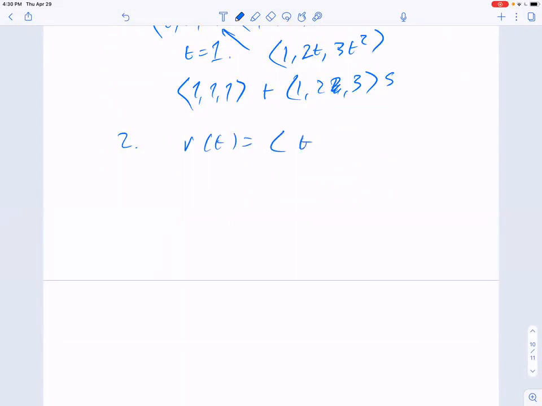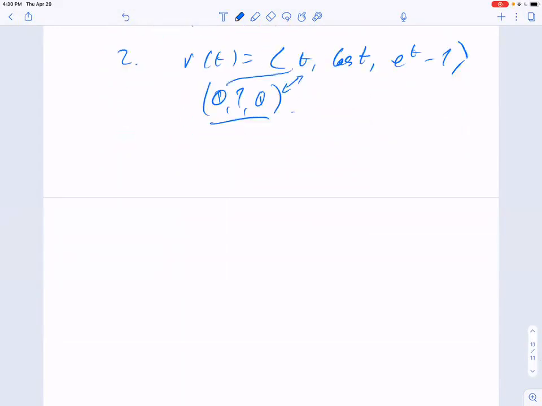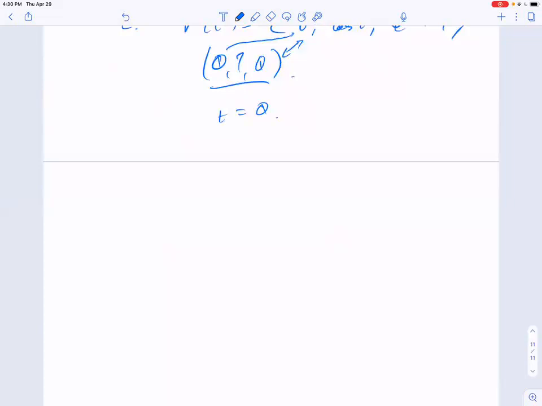Okay, so as before, the first thing we have to do is just figure out this. And the way we do that is we set this vector equal to this point, okay? And obviously, if you just look in the first coordinate, it has to be equal to 0. And now we want the speed of the parameterization, right? We first have to find the velocity because the magnitude of velocity is equal to speed.